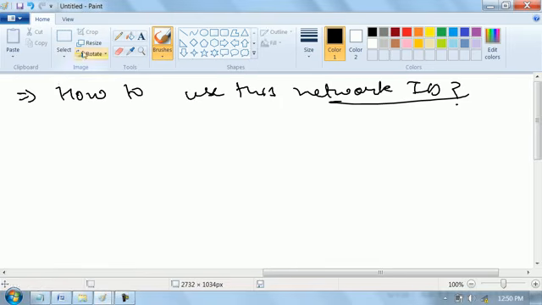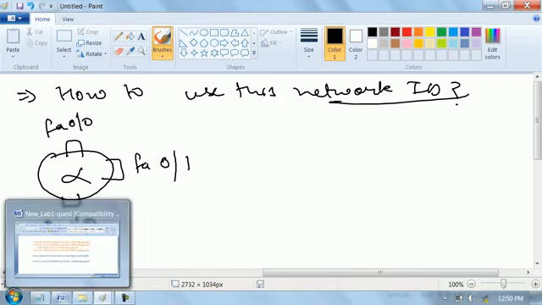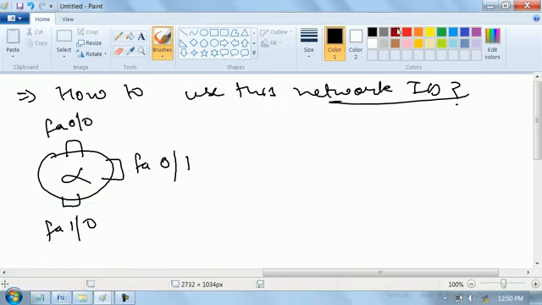I am taking an example. This is my router. Fine. There are three interfaces on router: FA 0/0, FA 1/0. On this interface, I am assigning IP 192.168.1.1 slash.